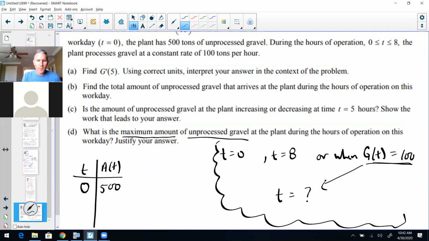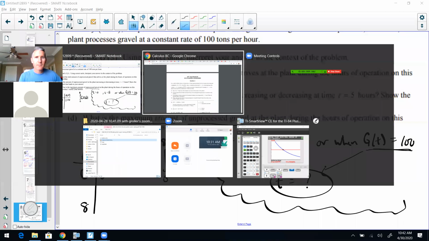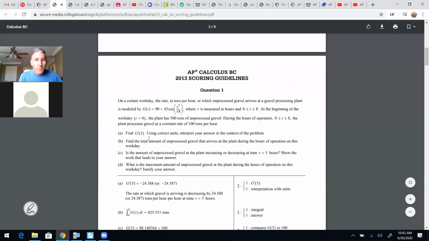Part B asks us to find the total amount of unprocessed gravel that arrives during the workday. That was just the integral from 0 to 8 of G of t dt, which I did yesterday, so I'm going to go very quickly.